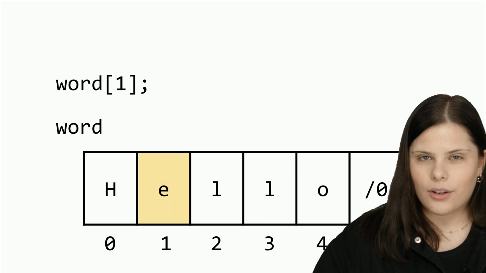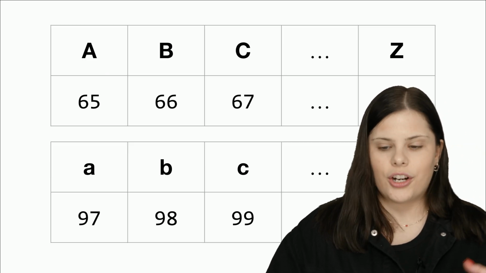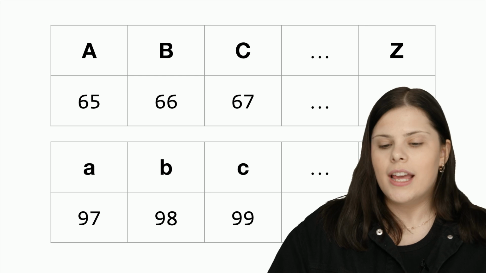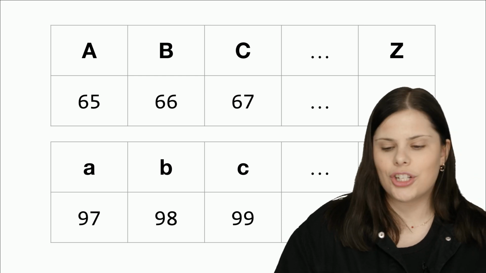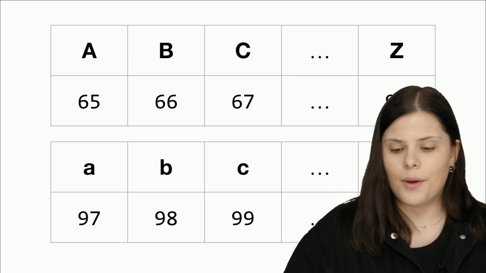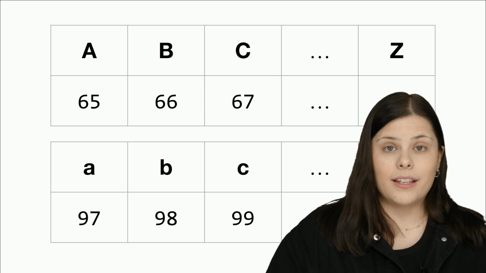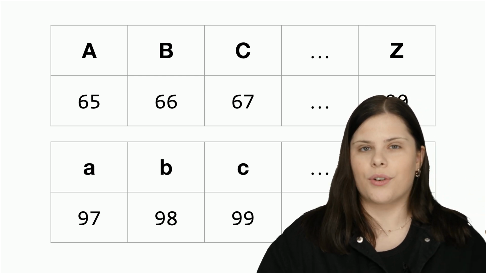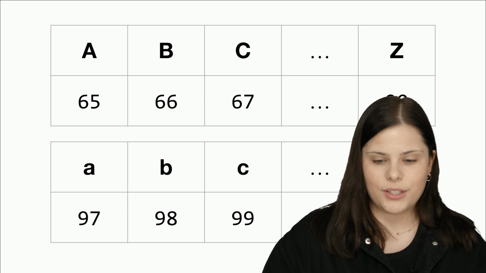We also learned that all of the characters are numbers, right? So we now see the ASCII chart that we've seen so many times before in lecture, and even last week and this week too. So this is how the letters and numbers correspond. But what does that have to do with strings?